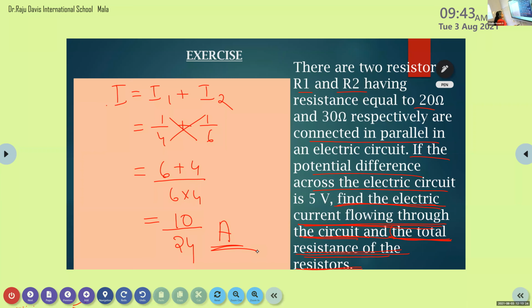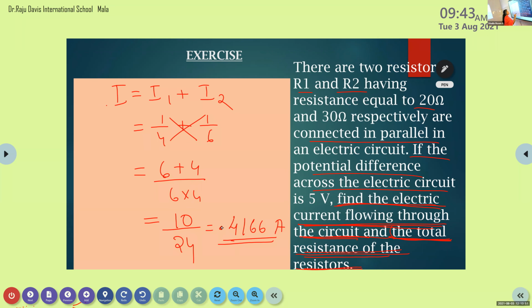Yes, we can simplify this 10 by 24. The decimal form is 0.41666 ampere. You don't need to simplify it. If you get 10 by 24, you can write it as it is and you get the mark.